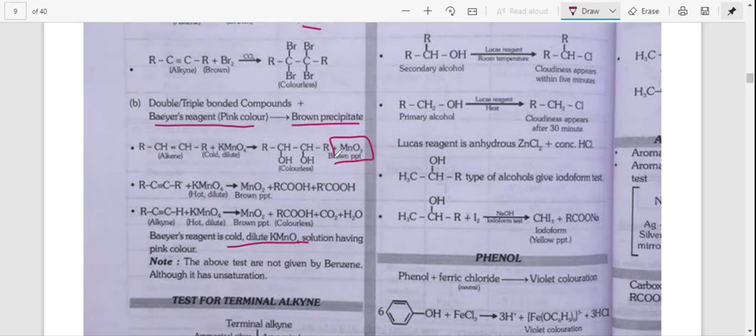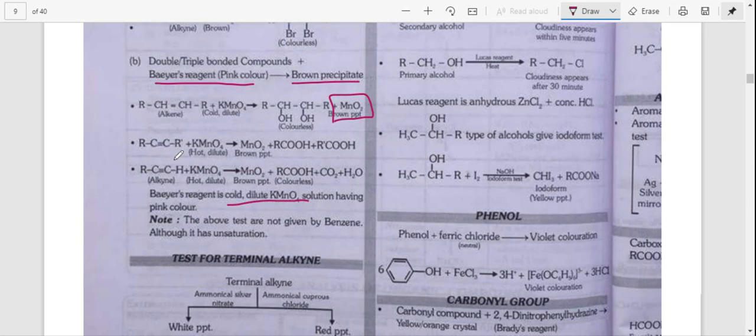So the brown precipitate compound is MnO2. Same for alkynes. It will release MnO2 and one RCOOH and another RCOOH, so two different groups are attached to the triple bonded carbon.